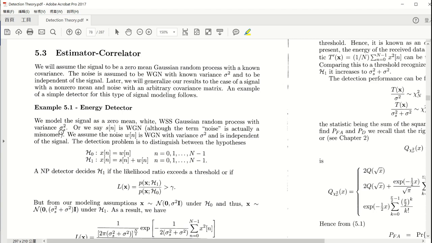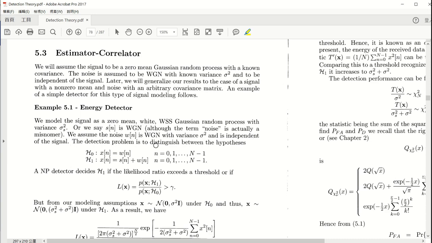Instead, we have a variance sigma s squared, or we say S[n] is white Gaussian. Although the term noise is actually a misnomer, we assume the noise is white Gaussian with variance sigma squared and is independent of the signal.